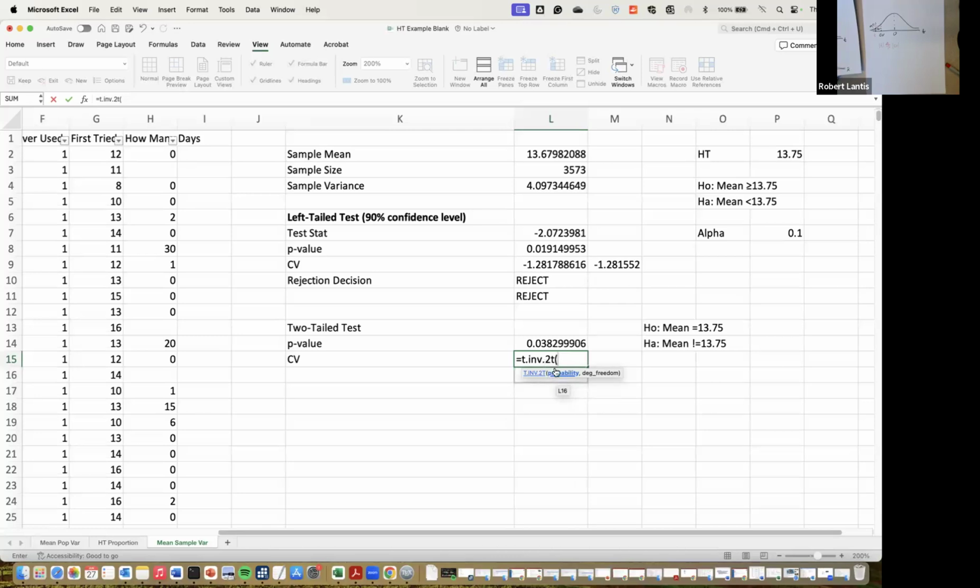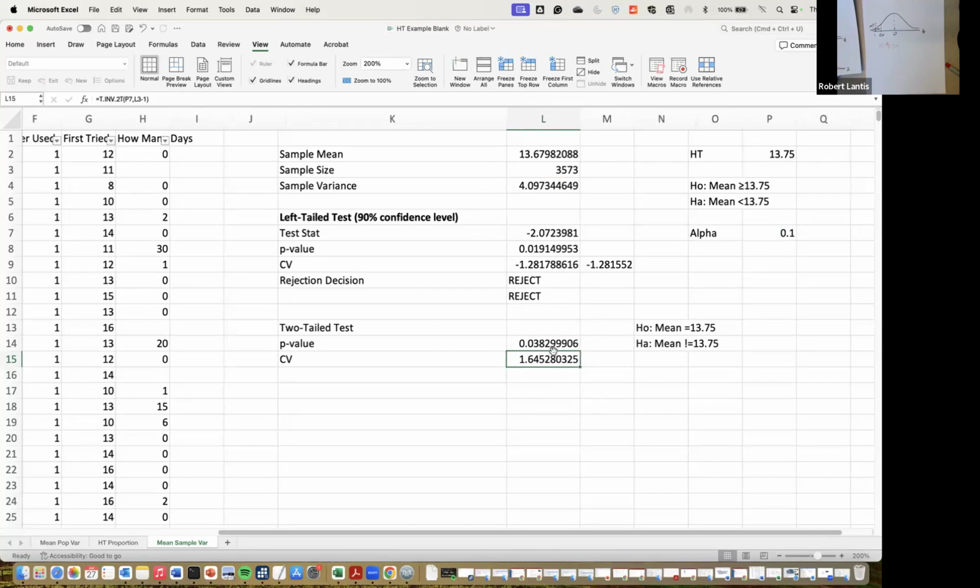The way that the .2t function works is that you tell it the total probability in the tails, comma, here's your degrees of freedom, and it divides alpha by 2 for you and then looks up those values. Okay. All right. So different ways of doing the same thing.